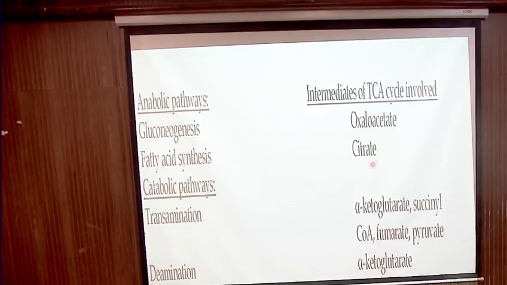Citrate can be the substrate for fatty acid synthesis. Now catabolic reactions: we have already seen transamination and deamination, where alpha ketoglutarate and succinyl-CoA were involved. Deamination reactions as well, we saw that in the cycle itself. So both anabolic and catabolic.